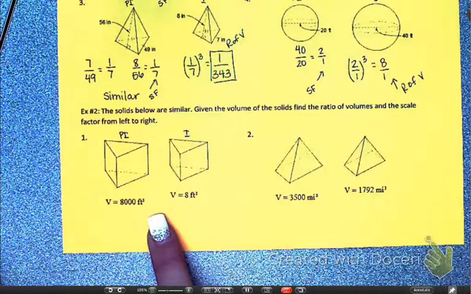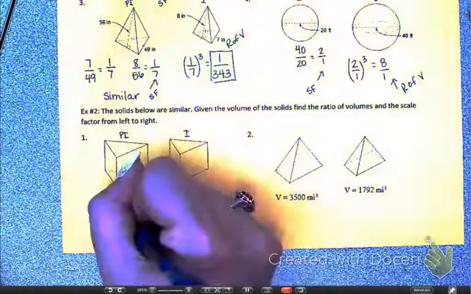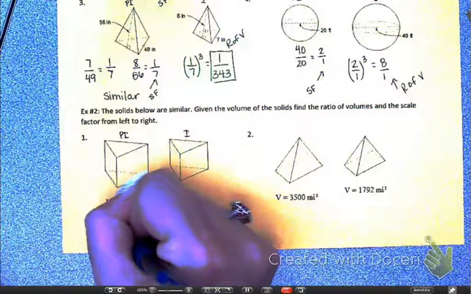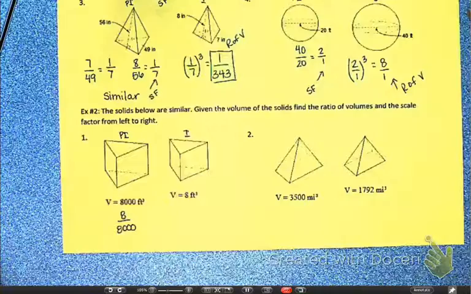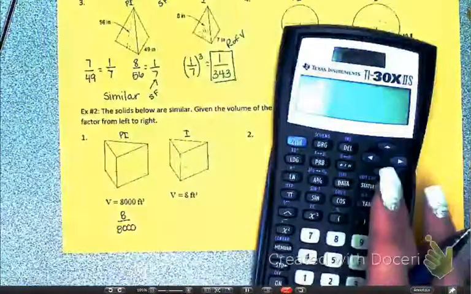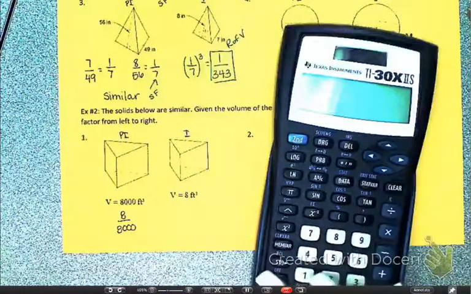What do I need to write? A ratio. And how do we write ratios? Image over pre-image. So can I do 8 over 8,000? Now, with all ratios, what do we have to do? We have to simplify. I think this would be a really good one to plug into my calculator.